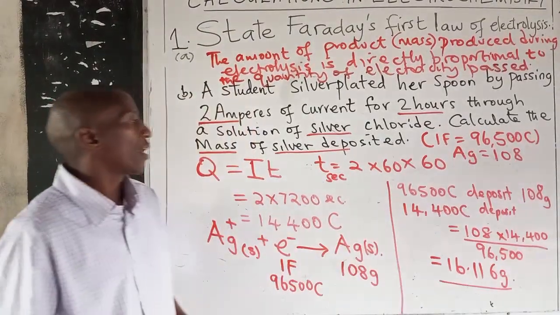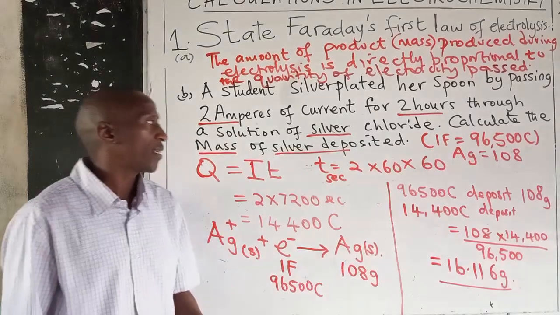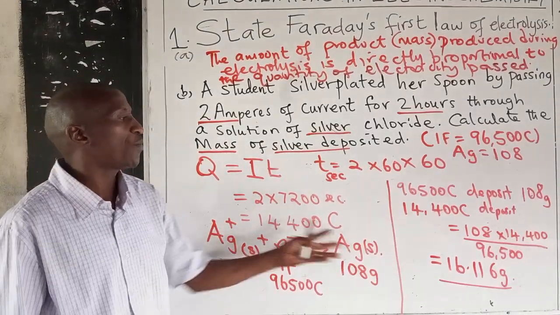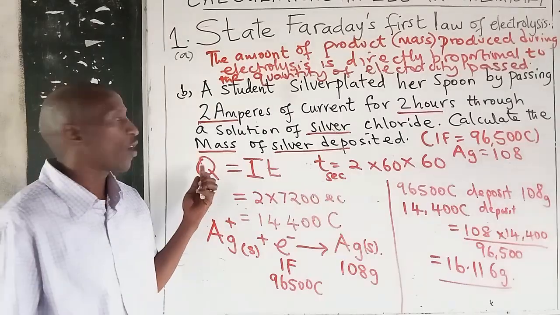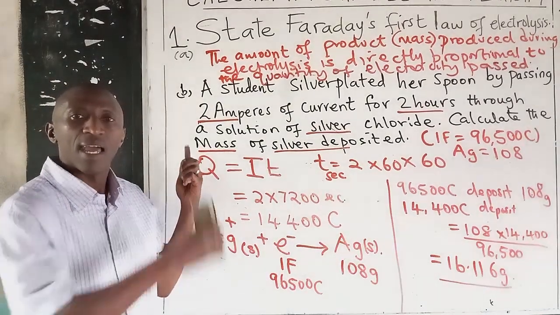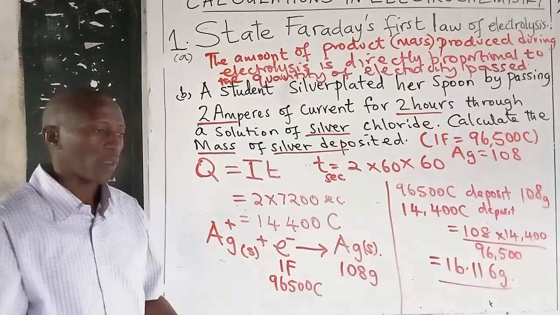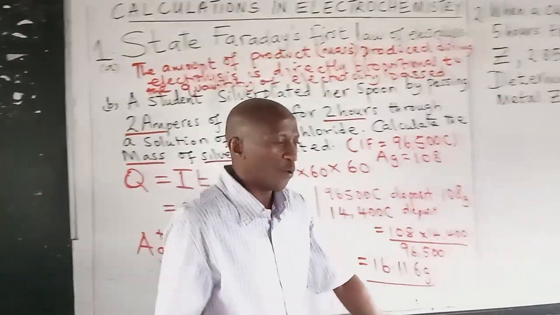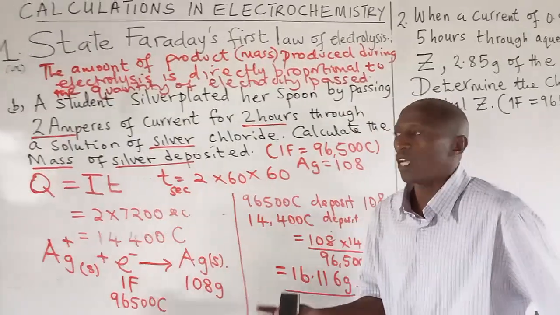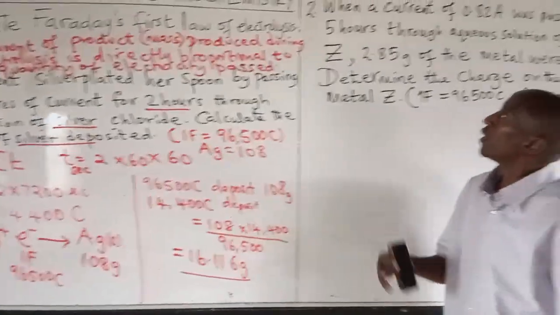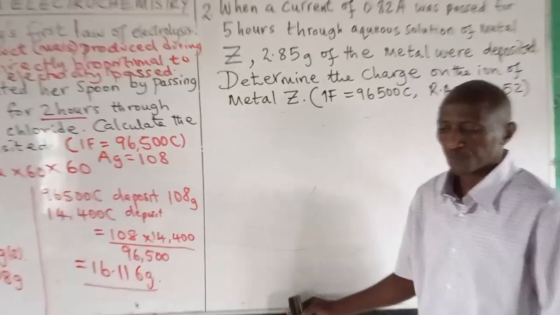In this case, we are producing silver. So this will be part 1 of what we say Faraday's law is used for in determining the mass. Viewers, put that down in your notebook and let us move to question number 2.